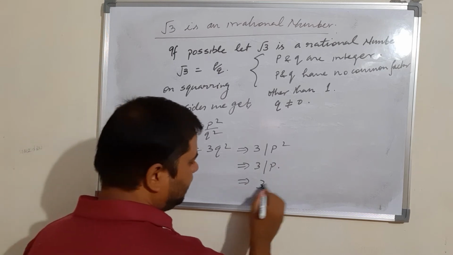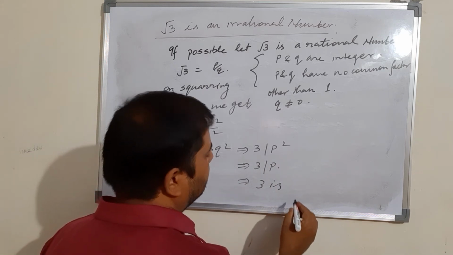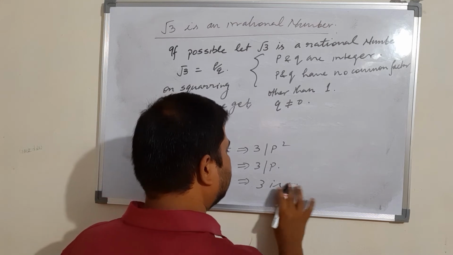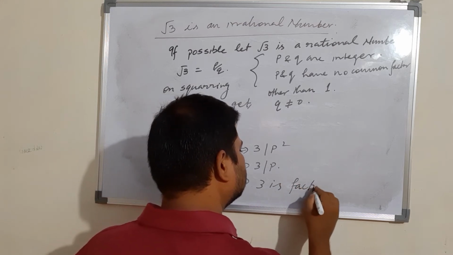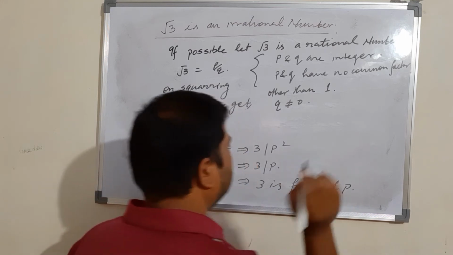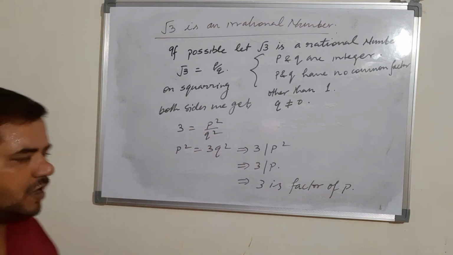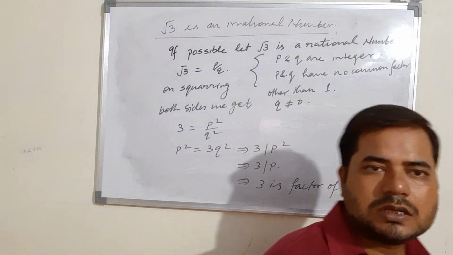This means 3 is a factor of P. So please note it down fast.